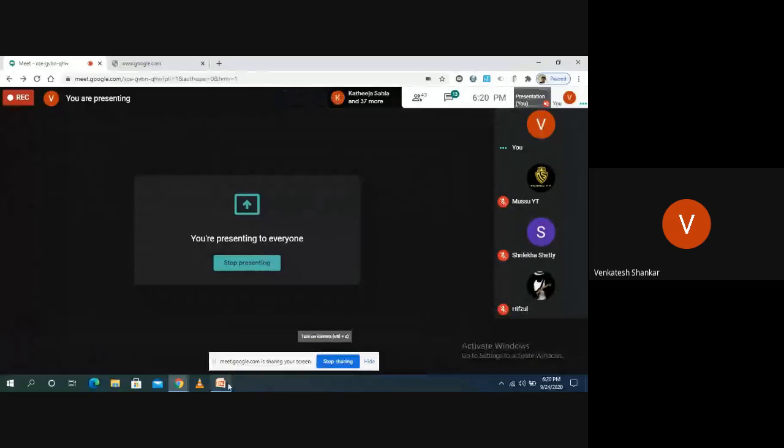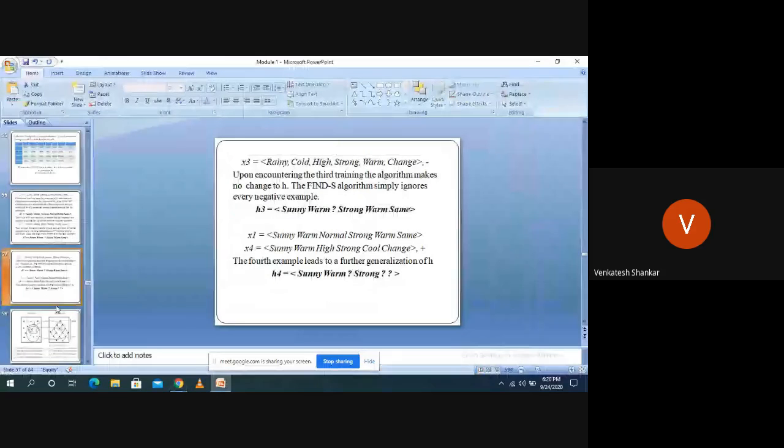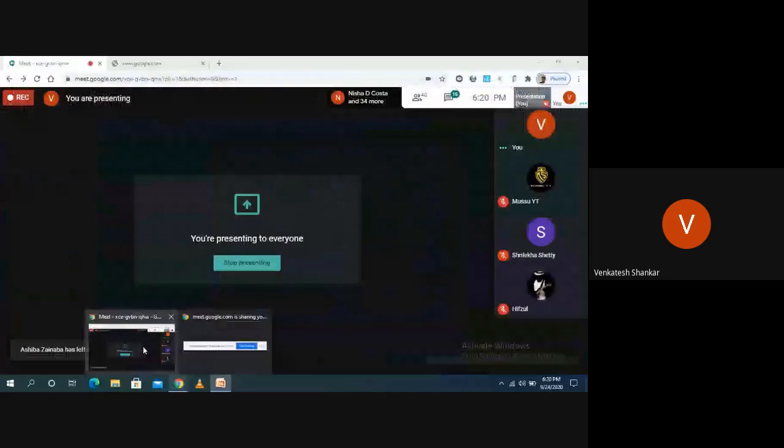See, this is what we can call the FindS algorithm. Next, depending upon the FindS algorithm, we are preparing here the instances as well as the hypotheses. See here we can check H0, H1, H2, H3, and H4.